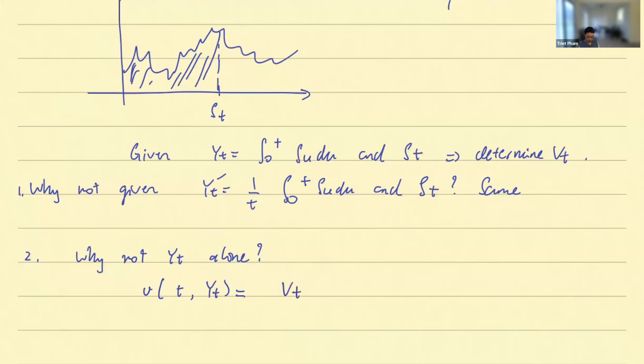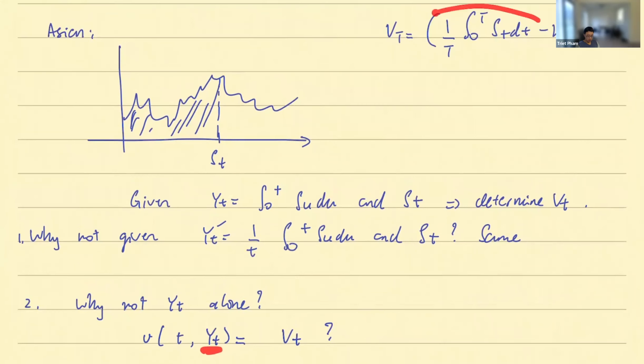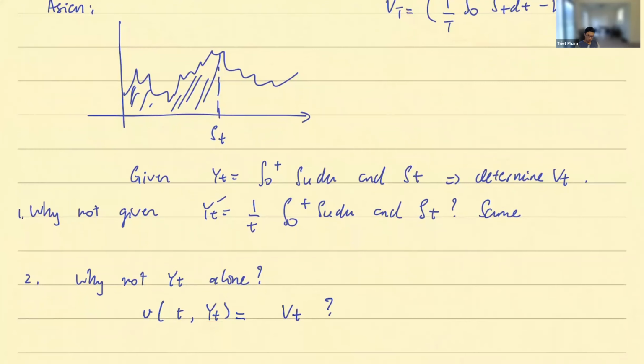You understand what I mean? So do I really need ST? Maybe I don't, because maybe this is all I need. Intuitively, that makes sense because the value only depends on that average price process. So what do you say to this?